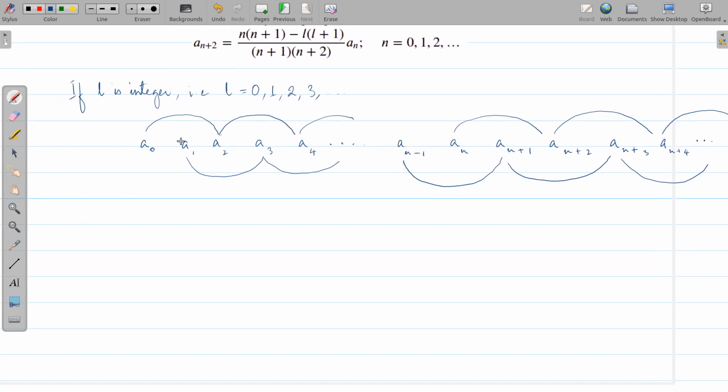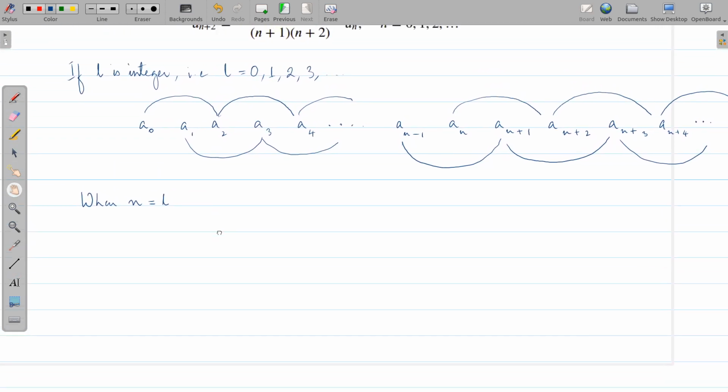Now let us say L is an integer value, for instance, L is equal to 30. Then n takes all possible values 0, 1, 2, 3, 4 and so on, so n will definitely take that same value, that is L. So what will happen when n is equal to L?